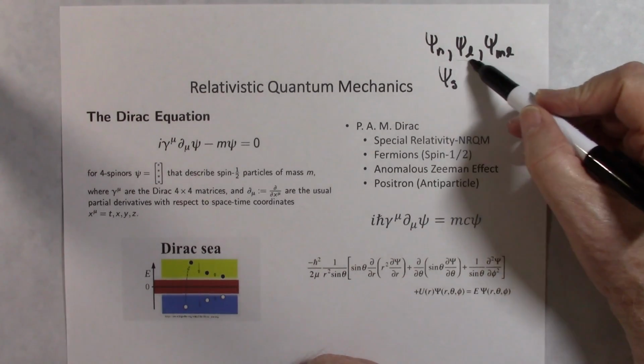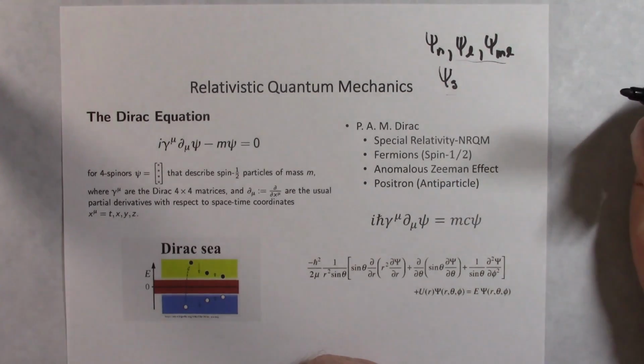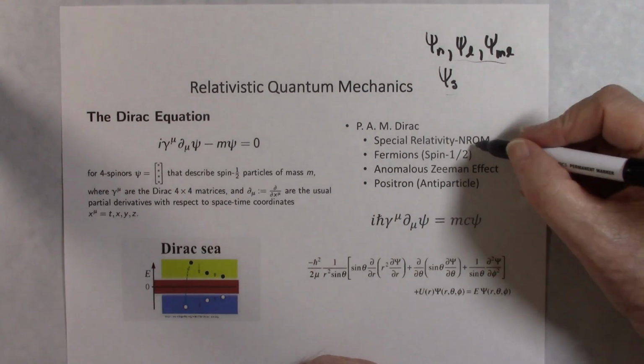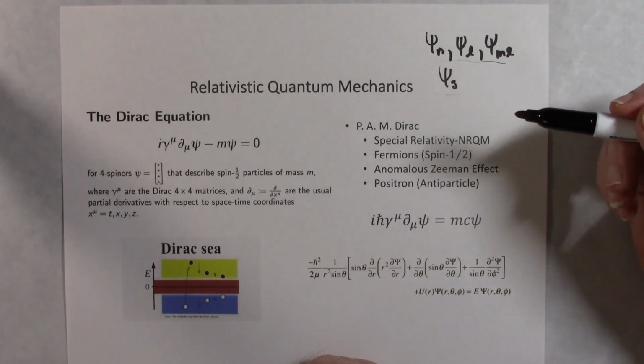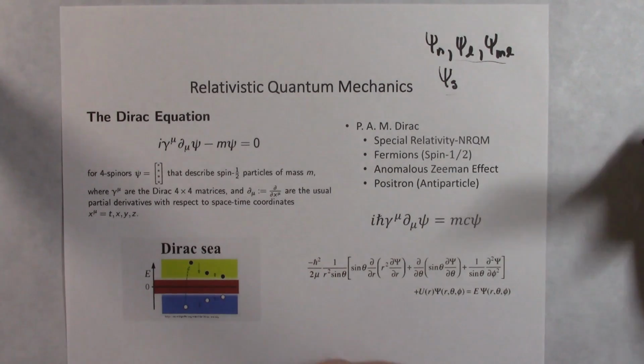But that's not the case with Dirac's theory. Spin arises out of the unification of special relativity with non-relativistic quantum mechanics. It becomes part of the theory. We don't have to put it in by hand like we did in Schrödinger's case.